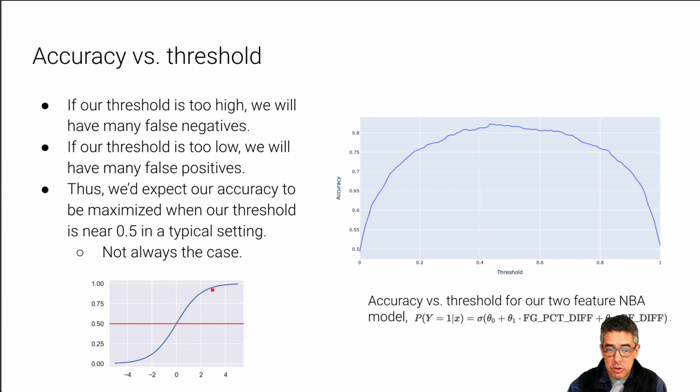Now, you can think in the limiting case, what happens if you move the threshold very, very close to 1? Only a few things that are up here that have extremely high probability will be classified as belonging to class 1, and everything below it, the bulk of your data, will be classified as going down to class 0, and vice versa if you move the threshold down to the bottom.